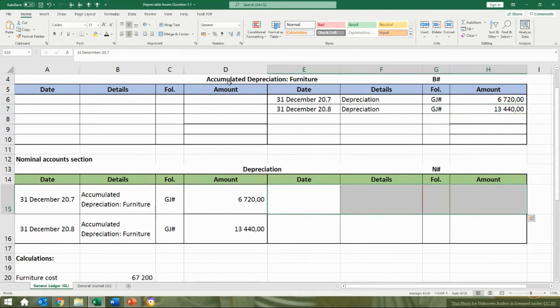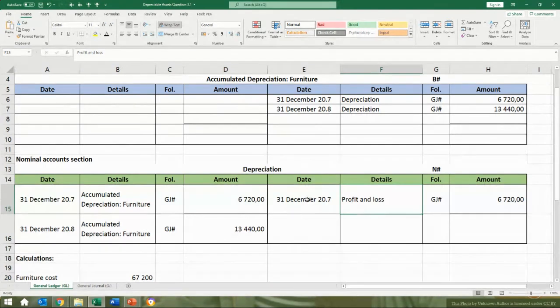So we also need to show that closing transfer to our profit and loss account in both year one and year two for our depreciation account, and the amounts would be equivalent to what it was for that financial period, so for that year, to make it a zero.